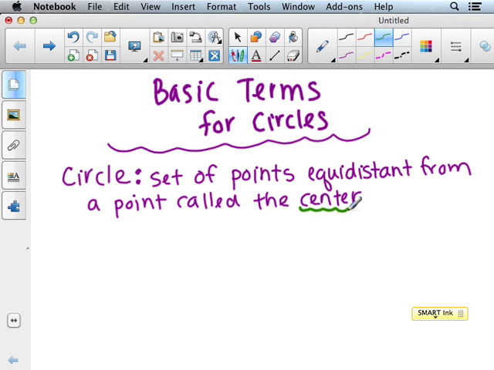So center, I'm going to make my circle purple.